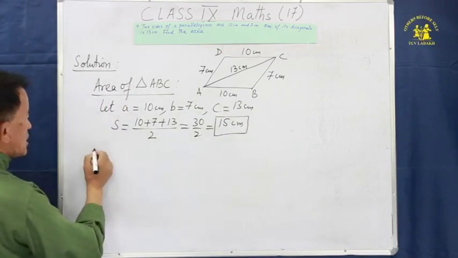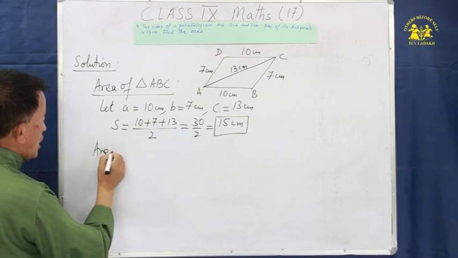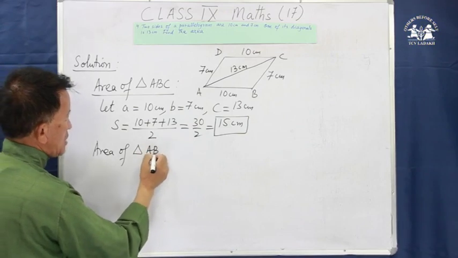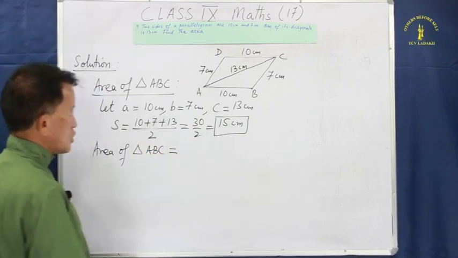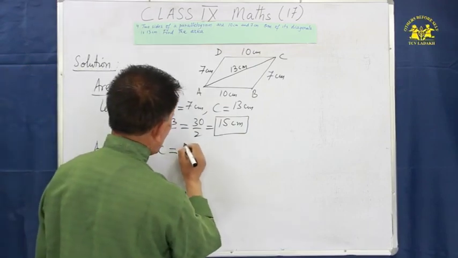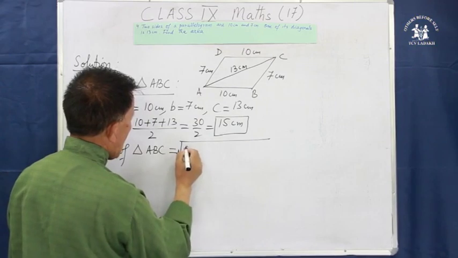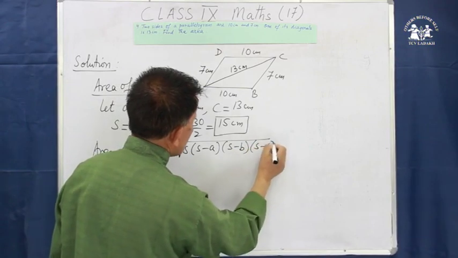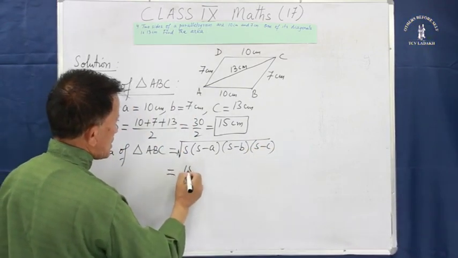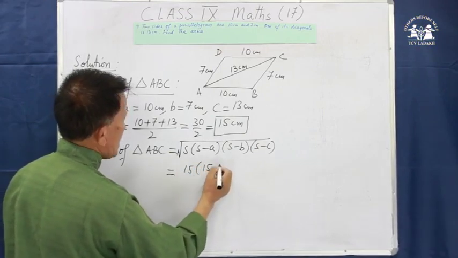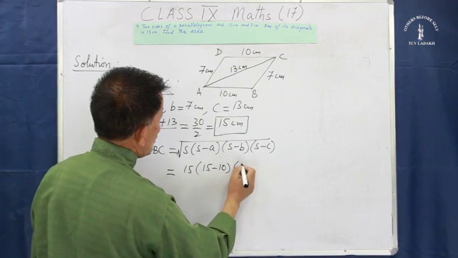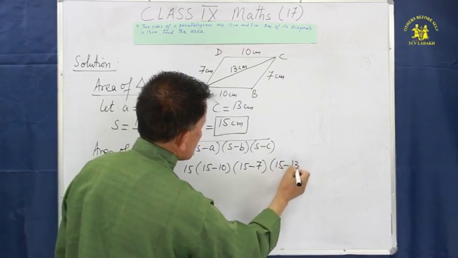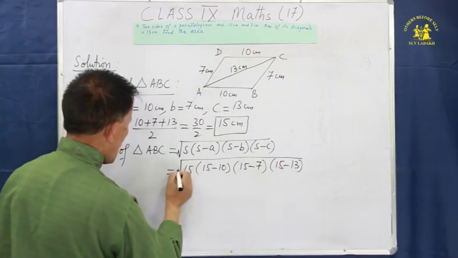Okay. So area of triangle ABC is equal to, first write Heron's formula, square root of S into S minus A into S minus B into S minus C. So what is the value of S? 15 into 15 minus A, 10, into 15 minus B, 7, into 15 minus C, 13, whole square root.